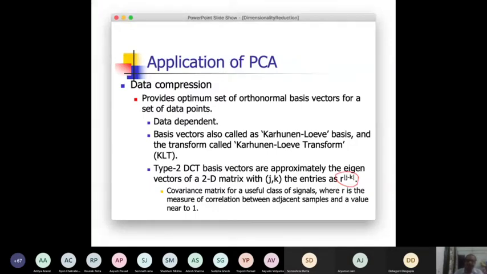So r is the measure of correlation between adjacent samples, with a value near 1. Intuitively, this supports that adjacent samples should be highly correlated, and as you go away from a particular sample, naturally the correlation will fall.